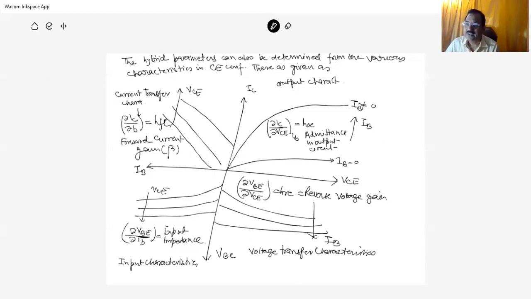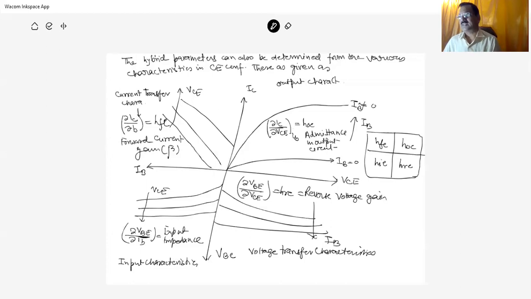So in this way, we have the four quadrants, and from these four quadrants we have the four parameters. If we indicate symbolically, this is HOE, this is HRE, this is HFE, and this is HIE. These are the four hybrid parameters from the characteristics.